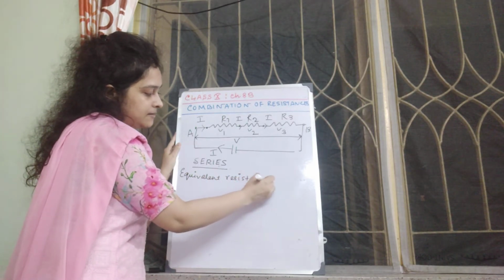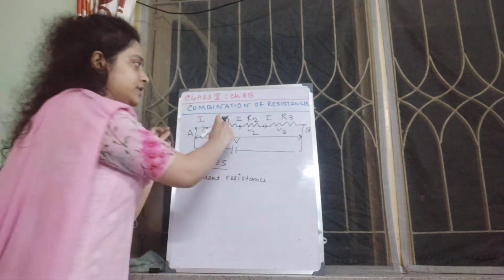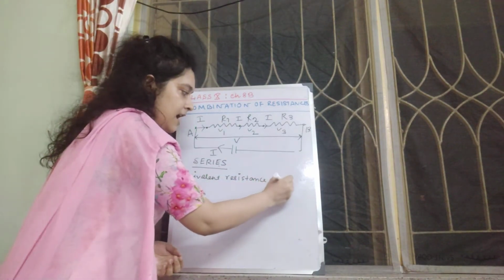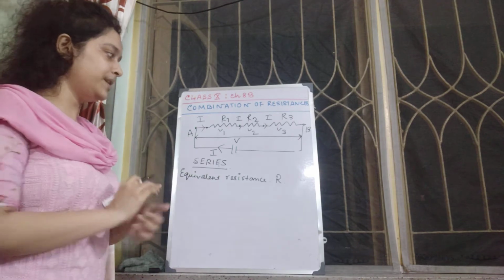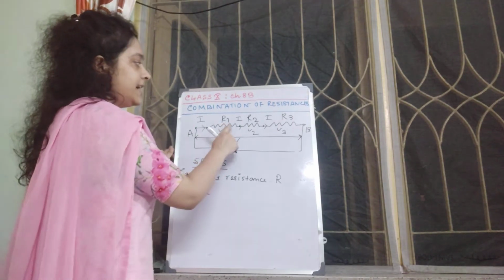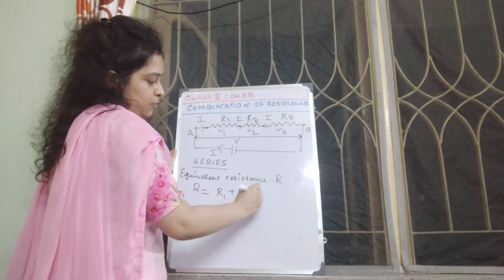How do we find the equivalent resistance then? That means, what is the resistance equivalent to these 3 resistances in series? Let it be R. In series combination, equivalent resistance is always the sum of the individual resistances: R1 plus R2 plus R3.